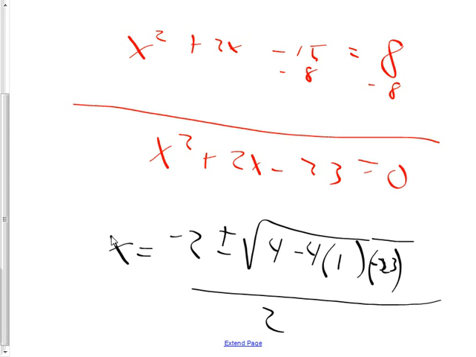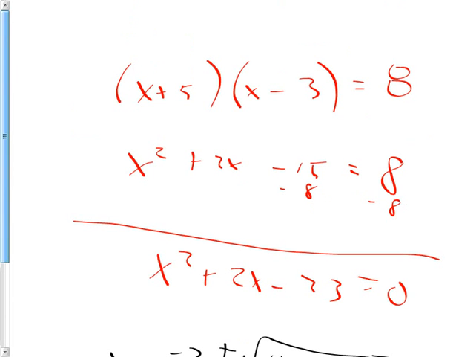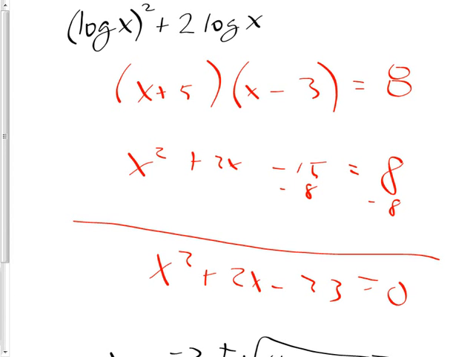But how could this be a log problem? Well, if the problem had originally been something like this, log of x squared, notice I squared the whole thing, not just the x, plus, let's see, outside, inside, so plus 2 log of x, and if I write it that way, minus 15 equals 8.